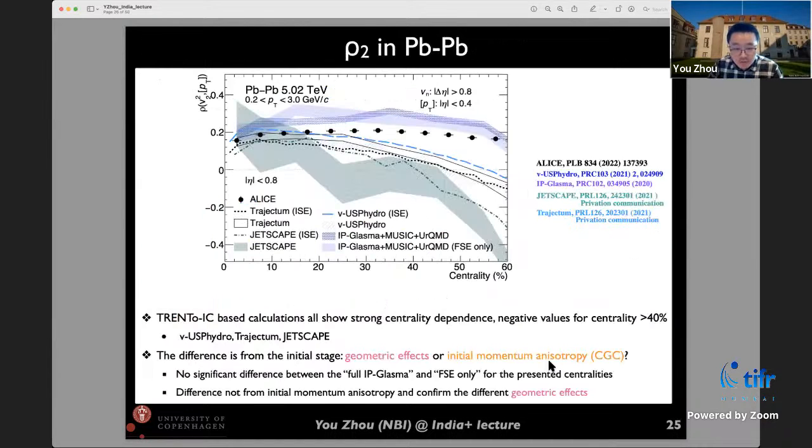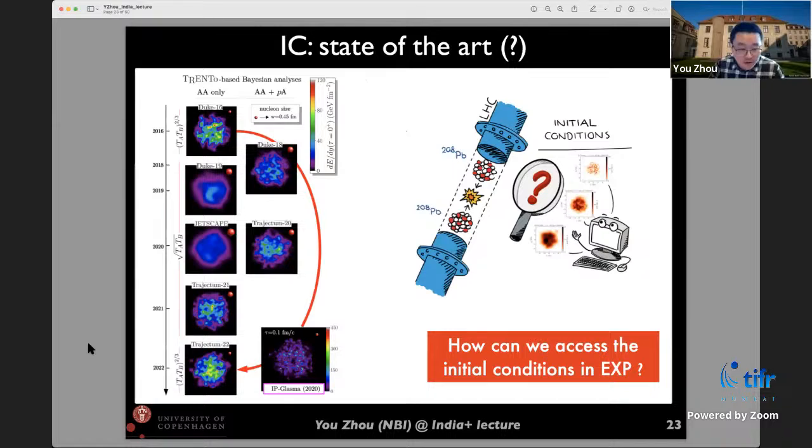And also for your interest, if you go back to the initial state calculation, here there's a small red ball which represents the size of the nucleon. And you can see back in 2016, it was very small. But then in the Duke Bayesian analysis, they already used a very large nucleon width.